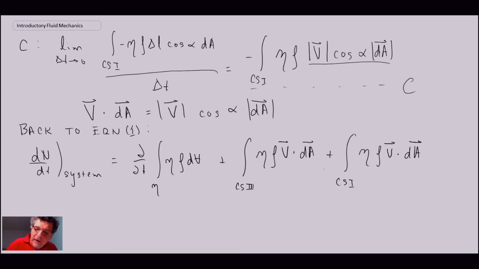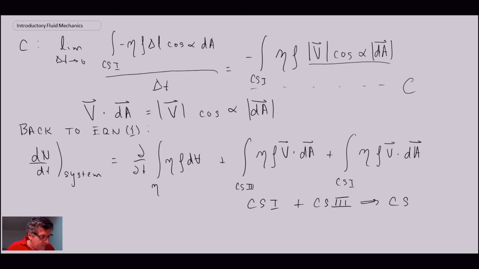You might be wondering how I got rid of the negative for control surface 1. The way that we do that, the dot product takes care of it automatically. We don't need to worry about it. So we can simplify this a little bit by saying that control surface 1 plus control surface 3, if you look back to our original diagram, that represents the entire control surface around the control volume.